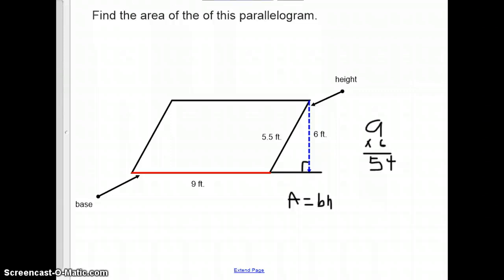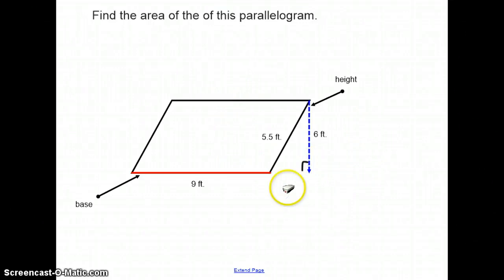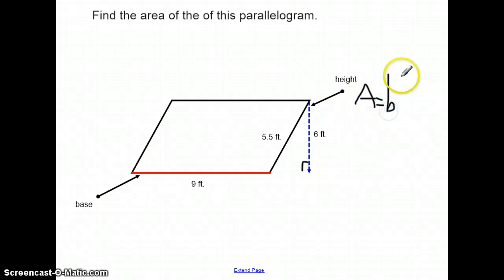Now we're going to figure out how to find the area of the parallelogram. The area equals base times height. Here I have the base, and this is going to be the height.